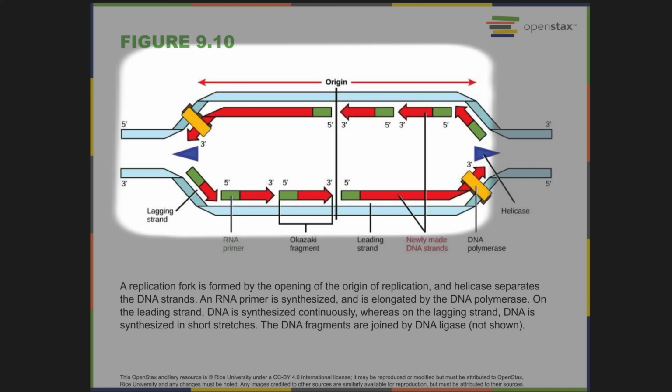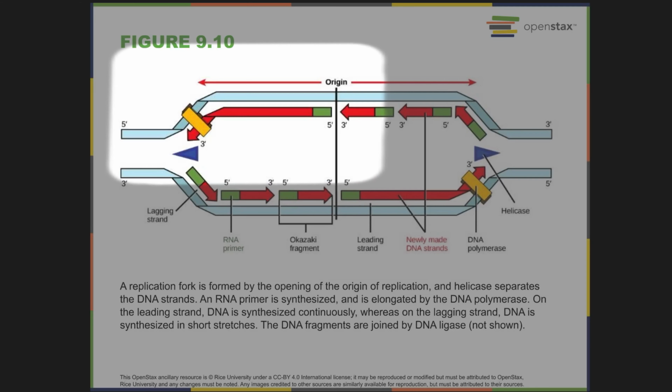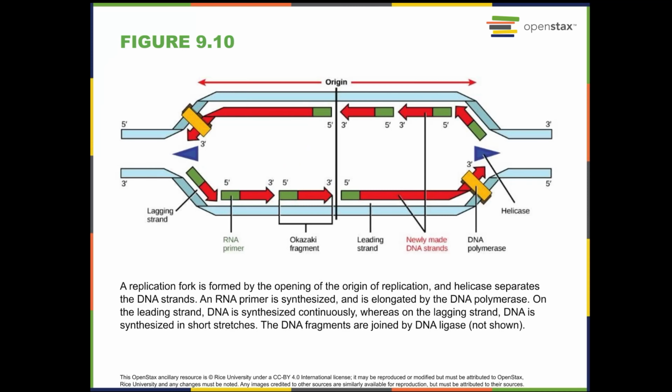At the top and center left of this replication bubble, we can see that there's an RNA primer. That's at the 5' end of this fragment. Because this fragment running to the left goes from 3' to 5', it can be copied from 5' to 3'. So, DNA polymerase can run from the 5' primer all the way down without any problems. If we move from that point to the right, though, we're going essentially upstream.